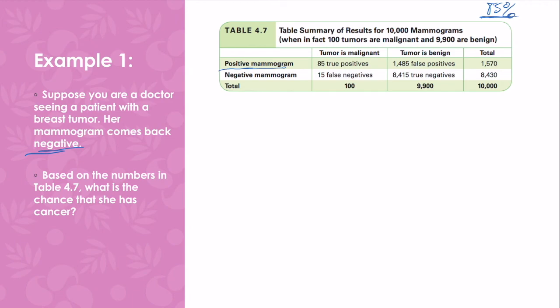So we have to look at our true positives and our false positives. I have all the people who've gotten negative test results. That's going to be 8,430. So 8,430 women got negative test results.